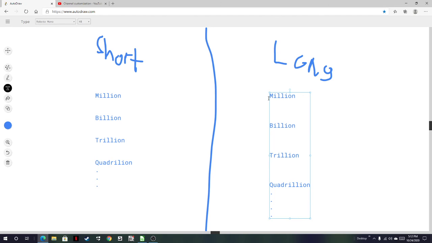And people in Britain will argue, the younger generations will argue that short is the norm, but long will be argued by the older generations as being the norm, because they did a switch back then.